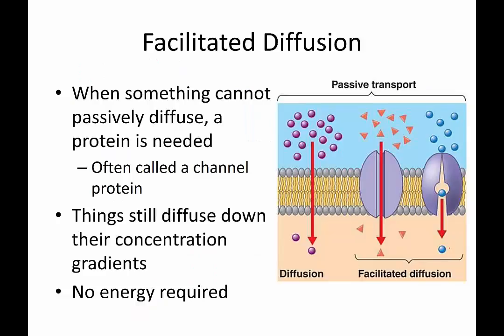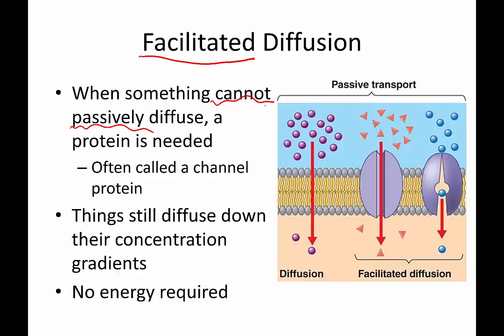So next we're going to talk about facilitated diffusion. So just as the name sort of alludes to, facilitated diffusion requires a protein or help, essentially, for diffusion of molecules. So when something cannot passively diffuse, a protein is needed. So these are things that may be like ions, large molecules, things like that.